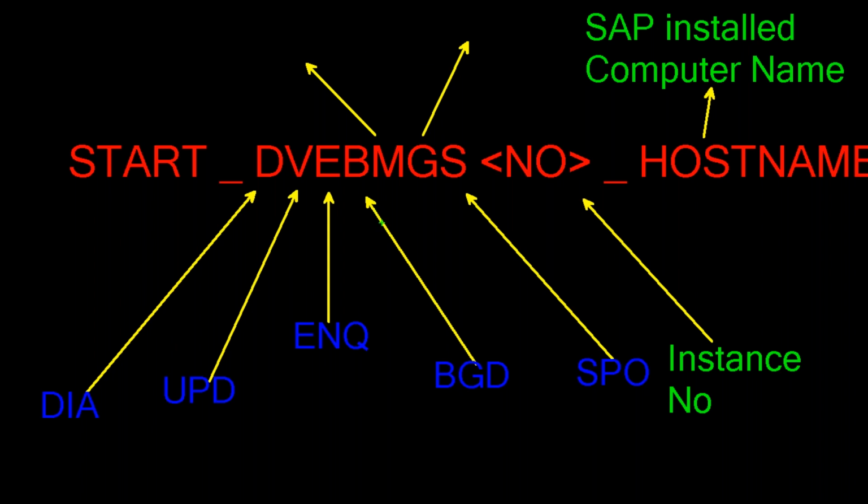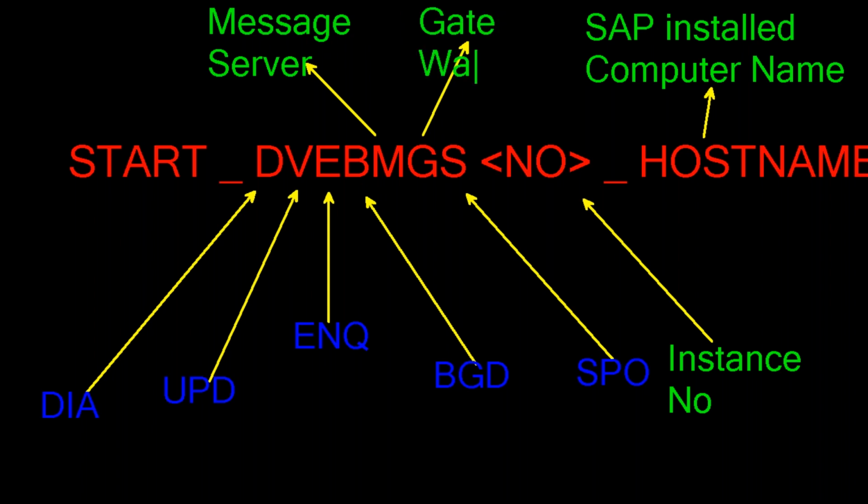M stands for message server. G stands for gateway. This is the naming convention of the startup profile.